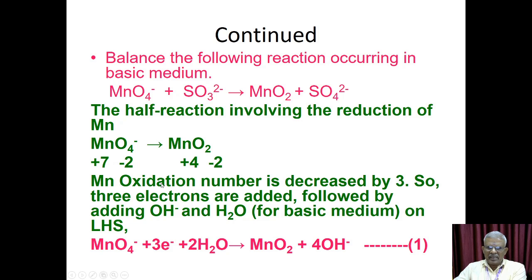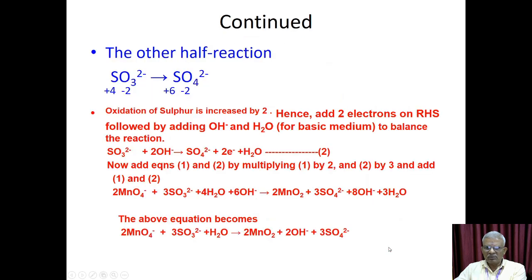So the manganese oxidation number is decreased by 3, because plus 7 to plus 4, the difference is 3. So 3 electrons are added, followed by adding OH minus ion and water on the left hand side. So let this be equation number 1.